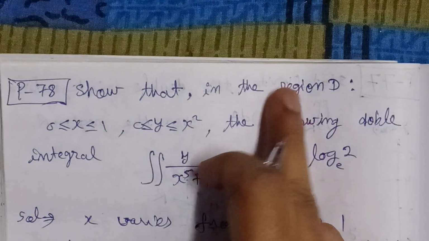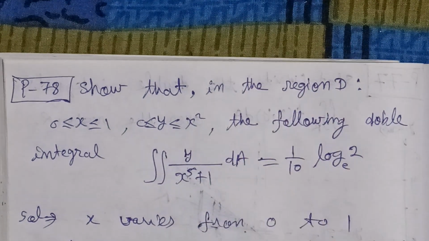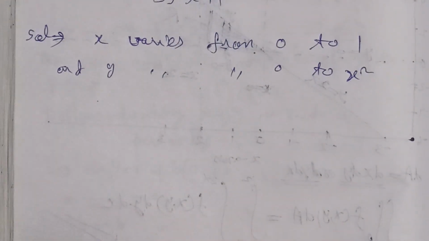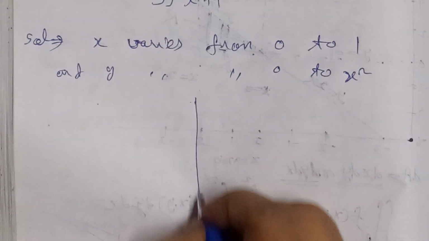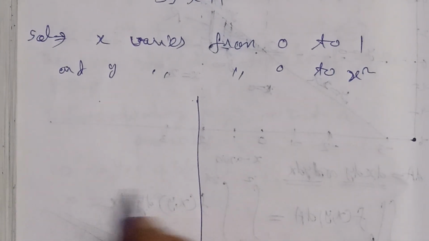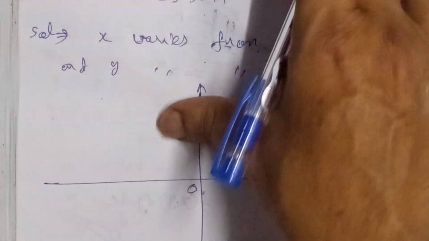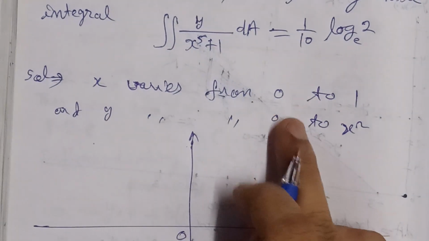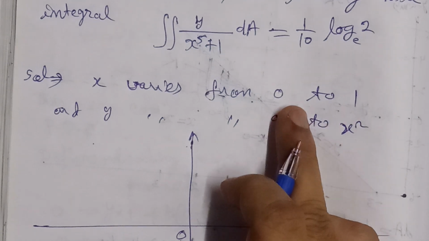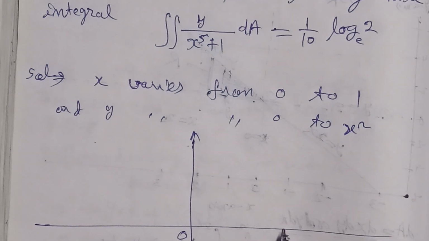For finding the region D, we have to draw a graph. Our region lies between 0 and 1.